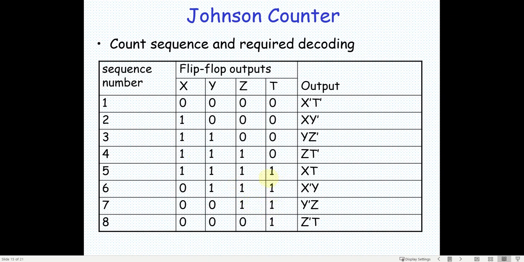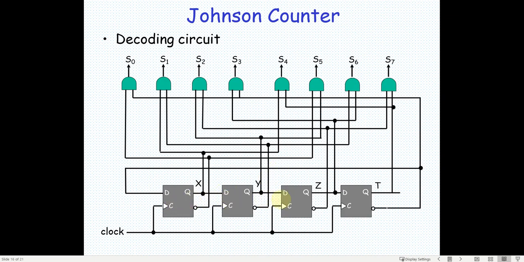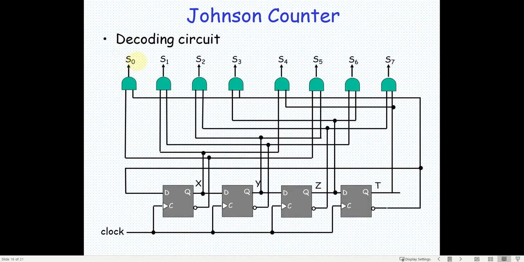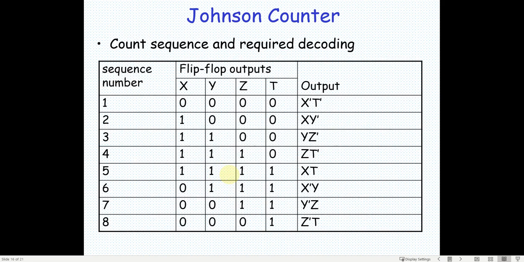So you have these 4 flip-flops connected here, and you use these AND gates here. Like for the initial one, 0000, we want S0 to be high, right? So you can connect this 0 from here, and all zeros you can get as 0.